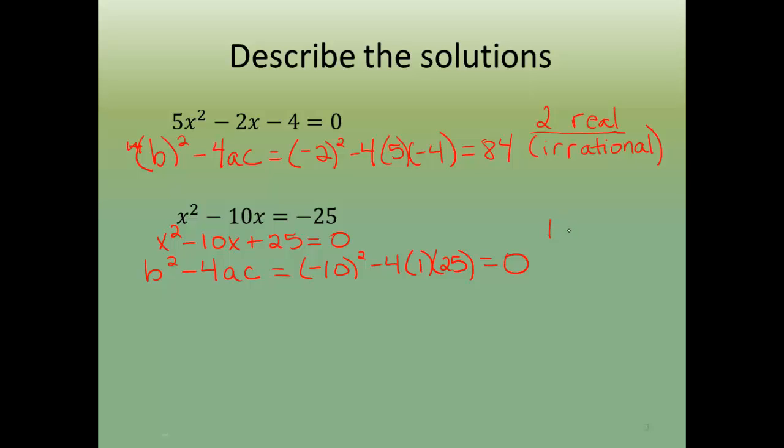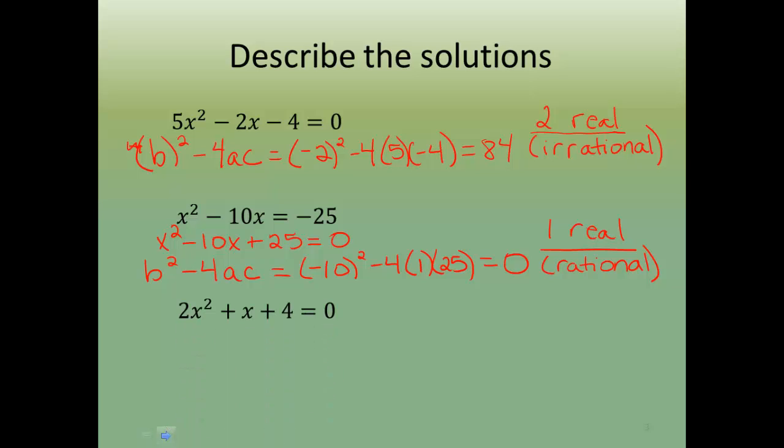That tells me I have one real solution. That's my description. It also happens to be a rational solution. This one is actually pretty easy to factor. It is x minus 5, x minus 5. My one real solution is x equals 5. It's the vertex, and it's going to be on my x-axis.